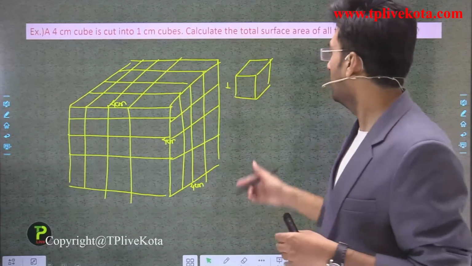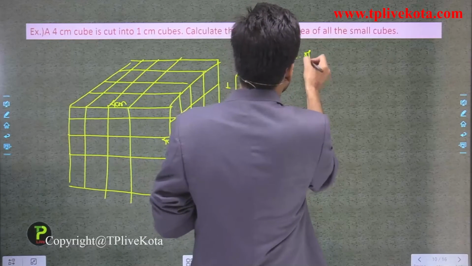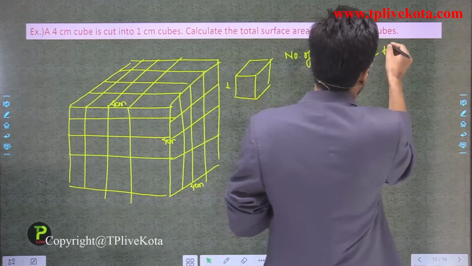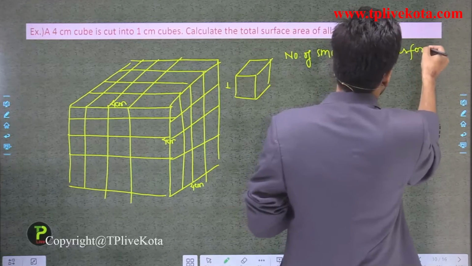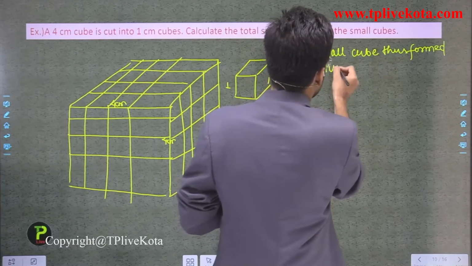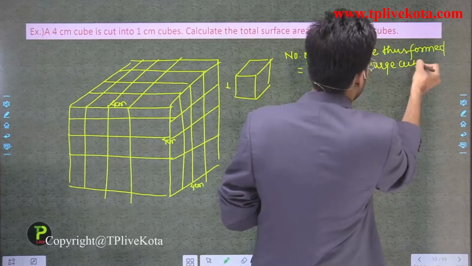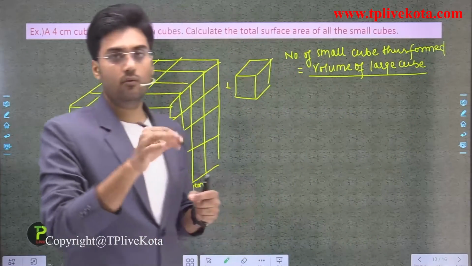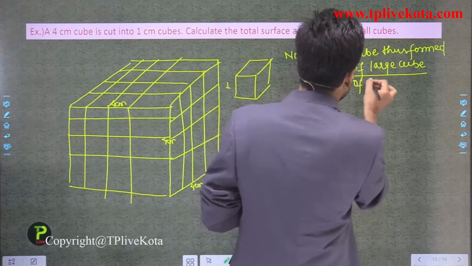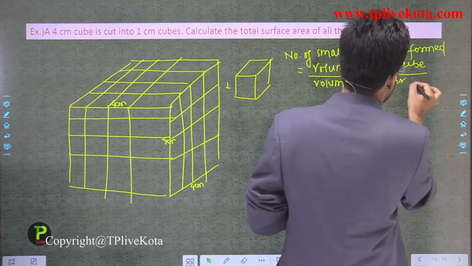4 centimeter cube. So the number of small cubes thus formed is equal to the volume of the large cube divided by the volume of the smaller cube.